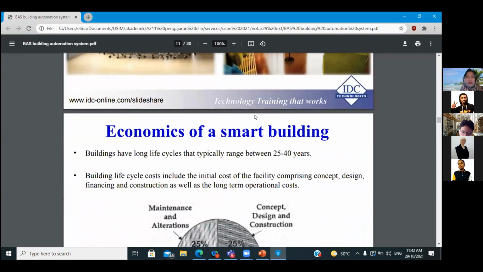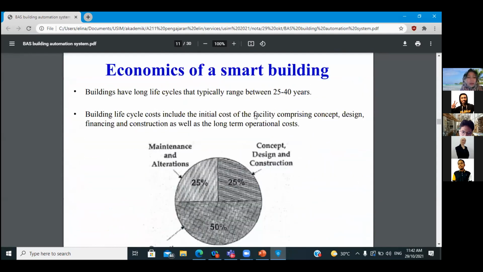And also you need to understand the economics of a smart building. Now is the current situation. When you talk to the panel, they will evaluate whether you are an updated designer. You talk about smart buildings, you talk about the cost saving on maintenance and alteration of the system.